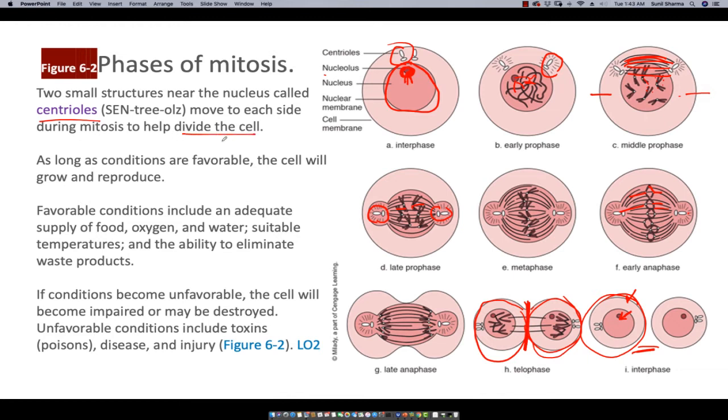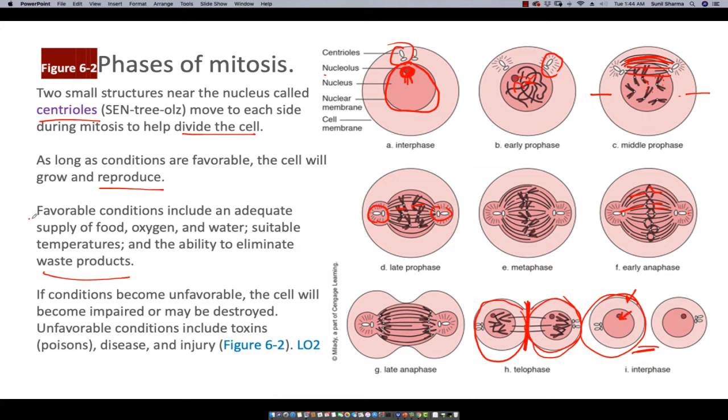As long as conditions are favorable, the cell will grow and reproduce. Favorable conditions include an adequate supply of food, oxygen, and water, suitable temperatures, and ability to eliminate waste products.